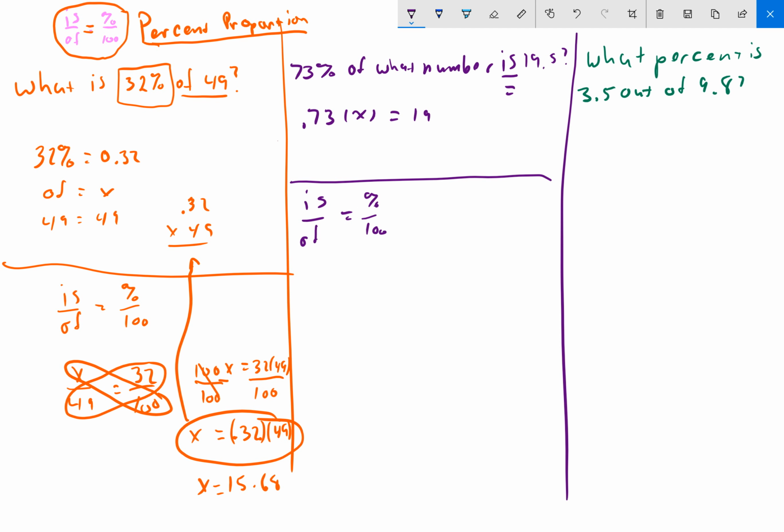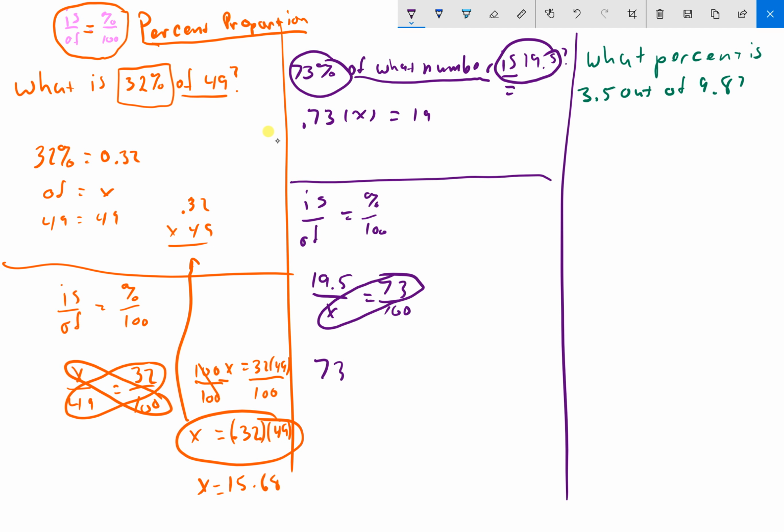So my is 19.5. Over of, well, of what? I don't know, so I'm going to call that x, that's my unknown. Is 73%, 73 over 100. Well, once again, if I cross multiply, I get 73x equals 19.5 times 100.